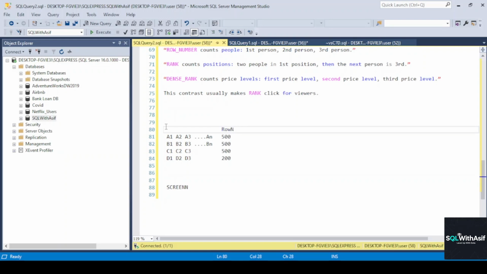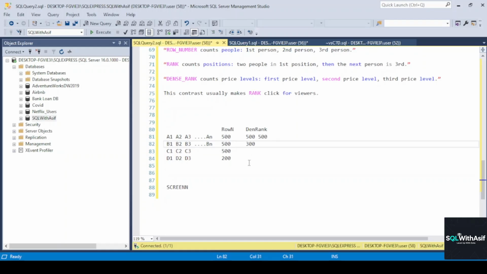Now let's see what dense rank does. So what dense rank will do over here is, if someone has come and given 500, he will assign them here. Another person came, gave 500, here. Another person came and gave 300, whatever amount he gives, he will come over here.